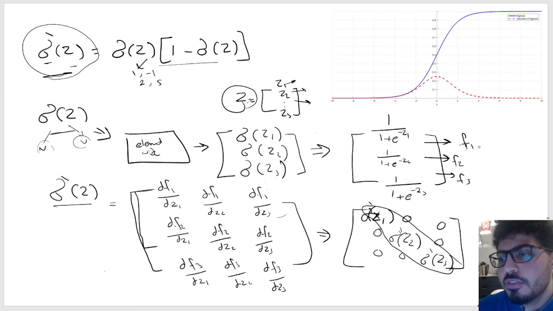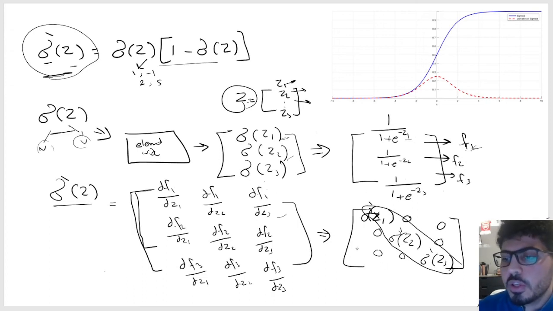So that's why the derivative of f1 with respect to any other element except z1 will always be 0, of f2 with any other element other than z2 will always be 0, and same for f3. So the Jacobian of the sigmoid function is a sparse matrix where all the elements on the diagonal are the derivatives at z1, z2 and z3, and all the other elements are 0.